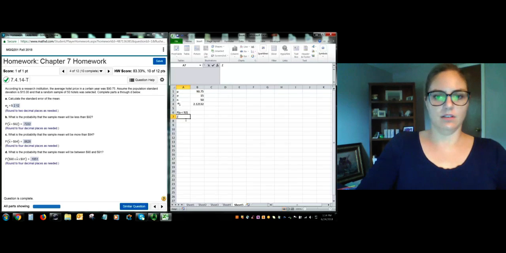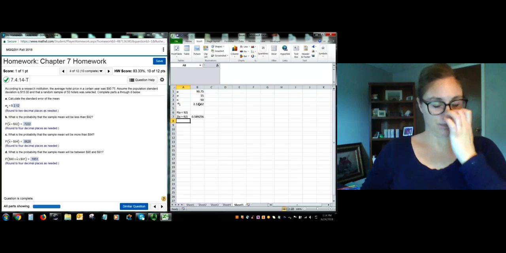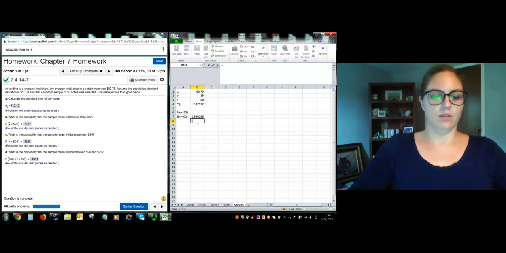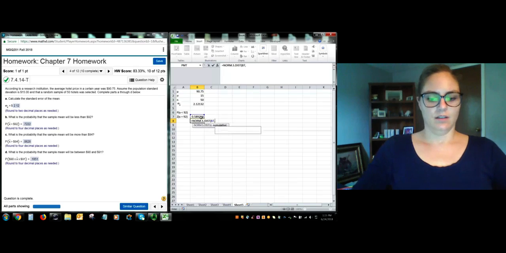What's the z where x is equal to 92? 92 minus mu divided by sigma x bar. So obviously a little higher than the mean, so it's going to be positive. Now that again is the z. If I want to find the probability of that z, it's given by that.